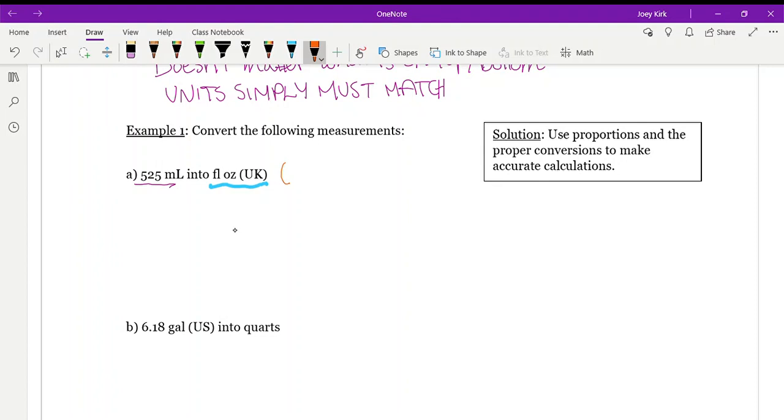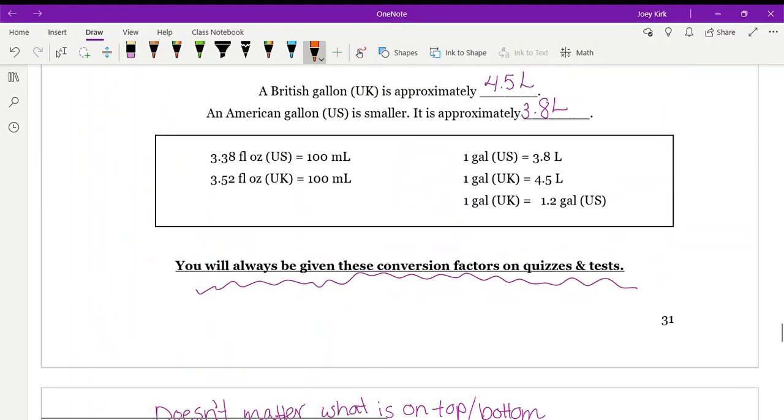Milliliters to UK fluid ounces, the one that we want to use is this one here. And for example number 1, I always like to write that down on the side so that I don't forget.